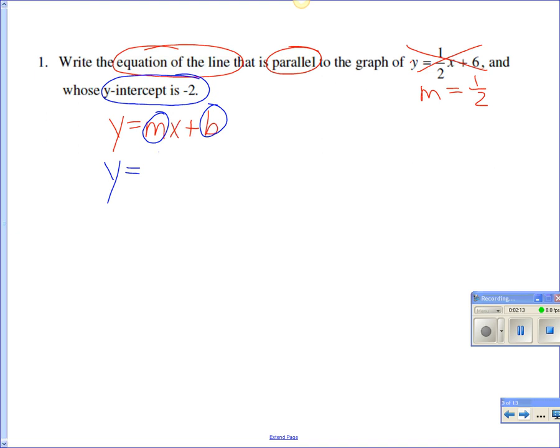So we're putting in a 1/2, and you put an x beside it. What does b stand for in this class? The y-intercept, and they told you what it was, so you didn't have to do any work. The y-intercept is -2. Y equals 1/2 x minus 2.